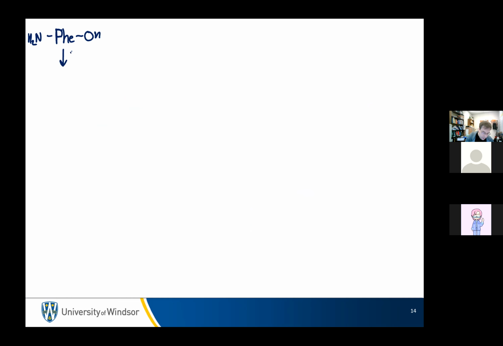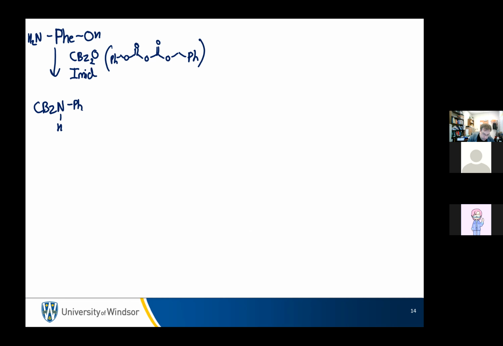Just for the sake of argument, I'm going to protect this with CBZ anhydride, sorry, with a base, probably imidazole. And then I have my terminal leucine.